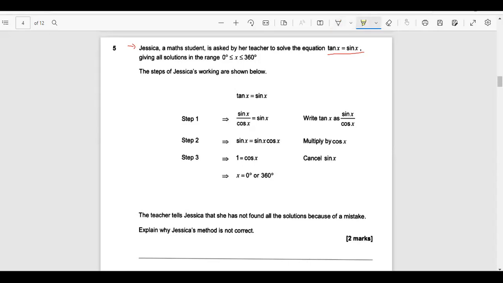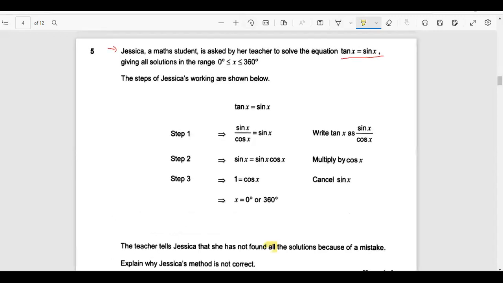So it says she has not found all the solutions. Whatever solution she has found is correct, but she did not find all the solutions. For such questions, you will see the same was the issue last time as well. We would be following a similar pattern. So tan x equals sin x is the question. In step 1, she wrote tan x as sin x by cos x.